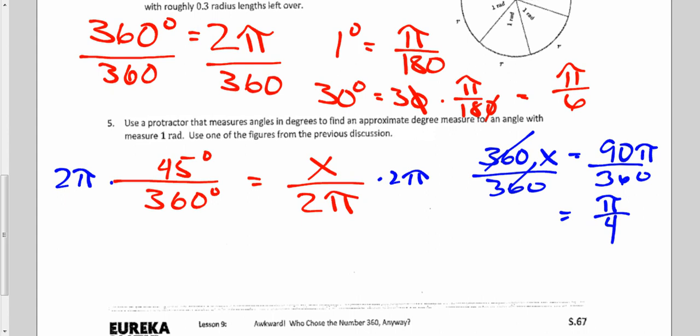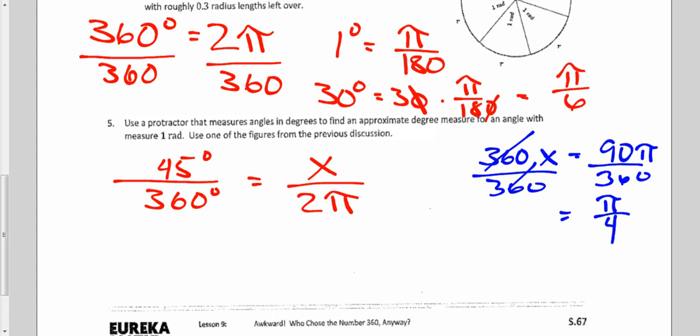What happens to the 2 pi's over here? They cancel. What happens here? 2 pi times 45, that's 90 pi, right? Over 360. Sounds like the same thing I had over here, doesn't it? Okay? Now, I'm going to back up a couple steps.